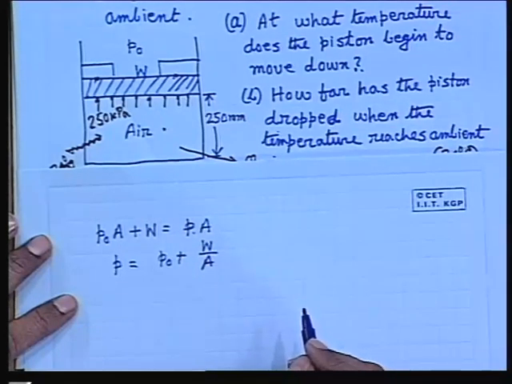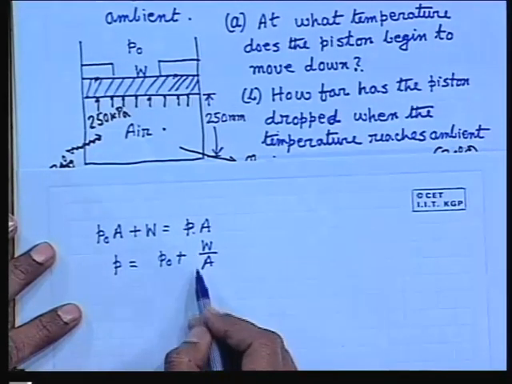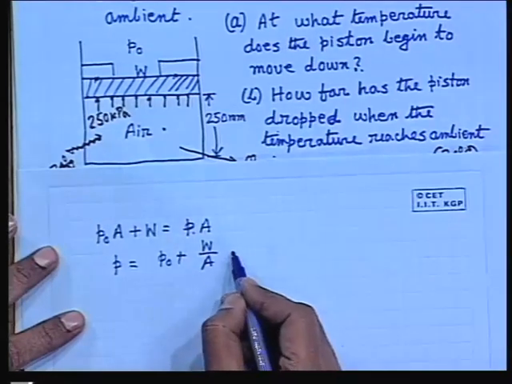So the pressure of the air at which the piston will just try to descend down will be P0 plus W by A.